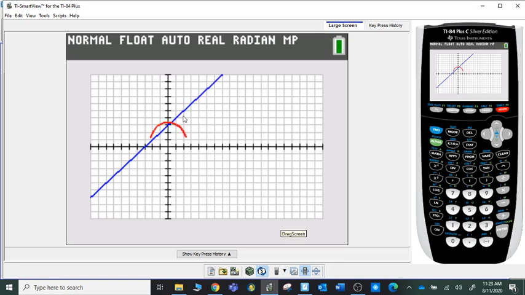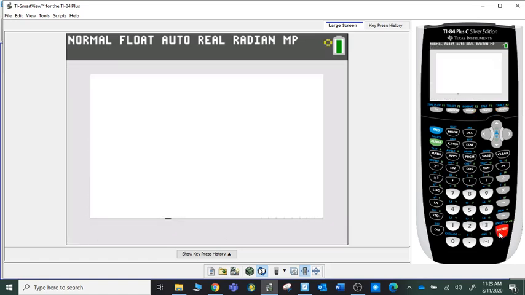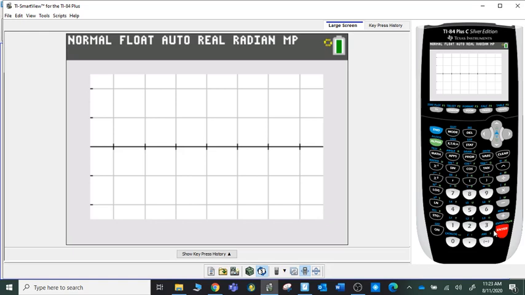Now I'm going to zoom in a little bit. I can definitely see that they have a point of intersection here, but there is the potential for a point of intersection down here. So let me zoom in, number 2, and hit enter. I'm not even seeing enough of my graph. Let me do it using a window.